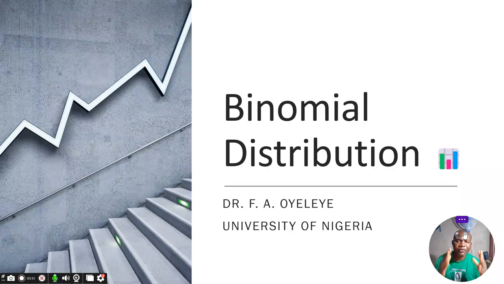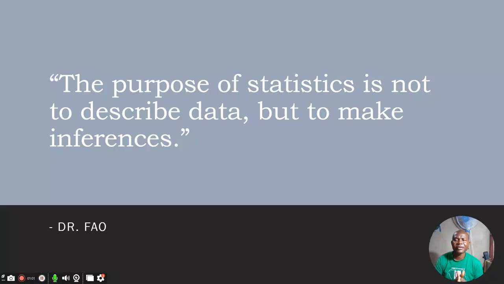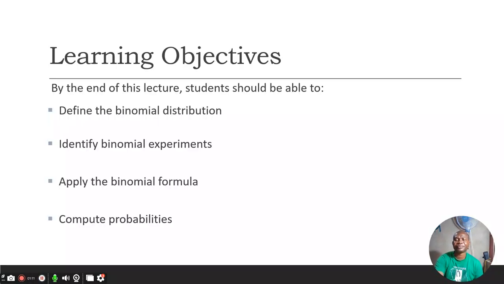But before we dive fully into what binomial distribution is all about, I want us to go through what I call the learning objectives. But before then, it's important to understand that in statistics, our goal is not necessarily to describe data, but to make inference even from data.